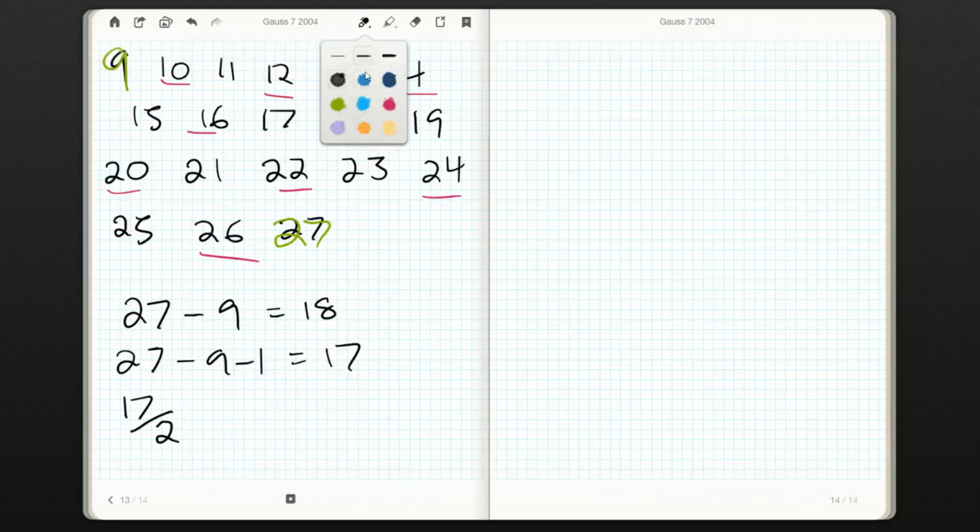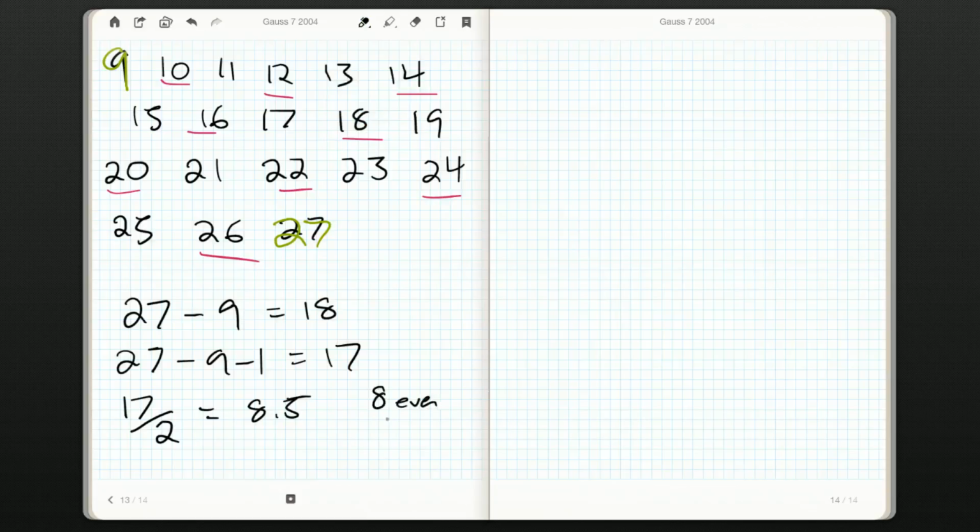Okay, those are the big ones at the end. We don't count those. It's everything in between. And 17 over 2 is 8.5.